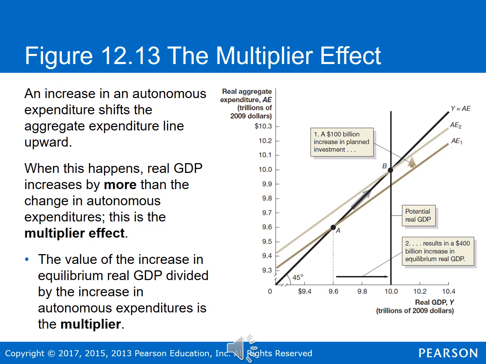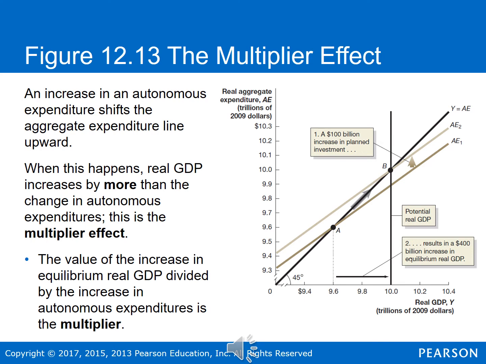The new equilibrium occurs at point B, where real GDP equals $10 trillion, which equals the potential real GDP. Now, what I want you to notice is that the $100 billion increase in planned investment spending results in a $400 billion increase in equilibrium real GDP. So the investment spending has a multiplied effect on the equilibrium real GDP.